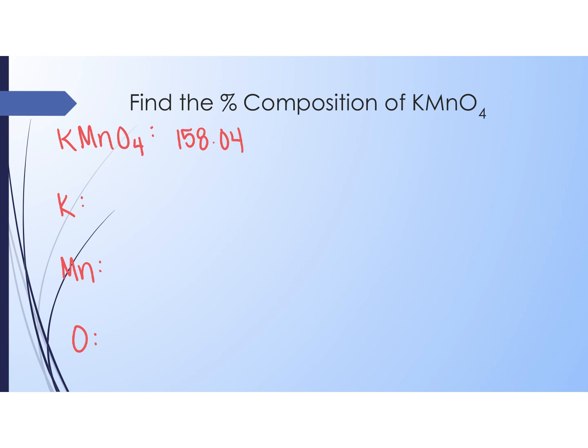So we'll just go in order. Potassium. How many potassiums are in KMnO4? Just 1. So what's the mass of 1 potassium? Good. 39.10. That number comes straight from the periodic table. Okay. So then we take the mass of potassium, divide it by the total mass, and multiply by 100.